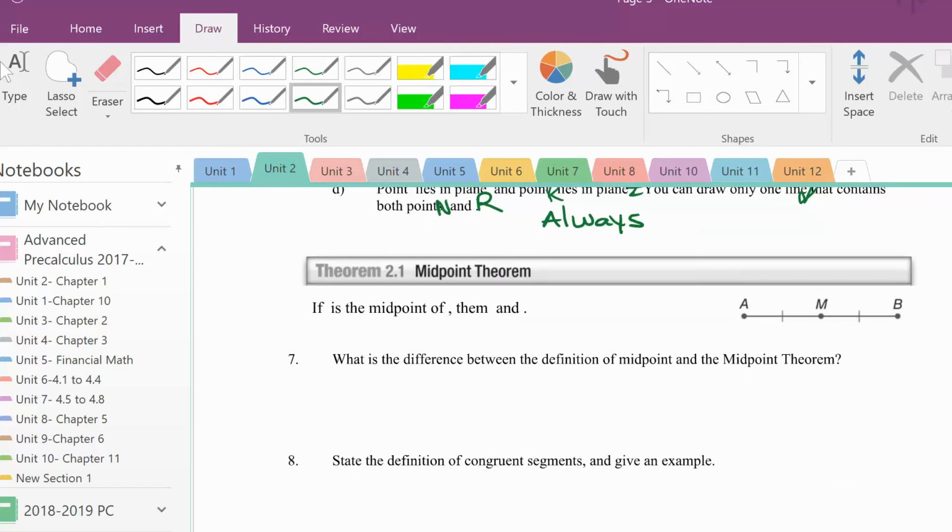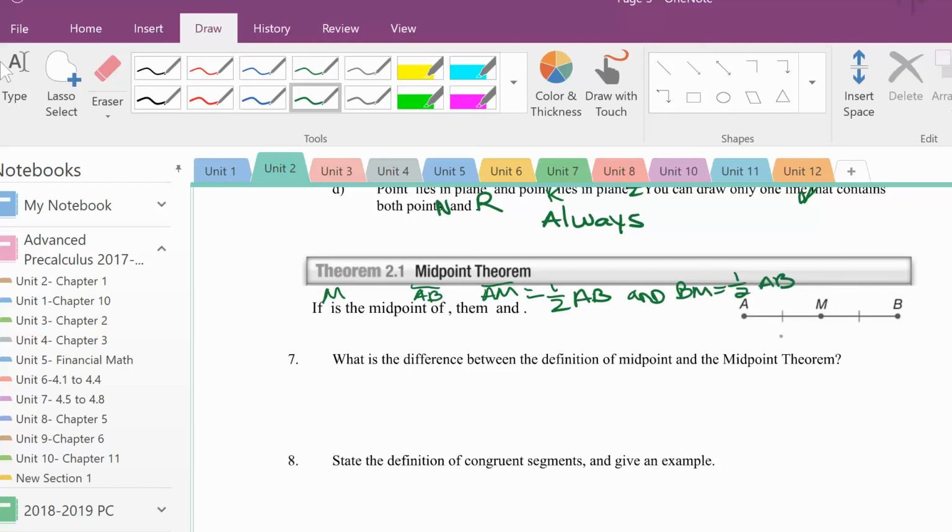All right, so the next thing is the midpoint theorem, which says if M is the midpoint of AB, so we have segment AB, then AM is equal to 1/2 AB and BM is equal to 1/2 AB.